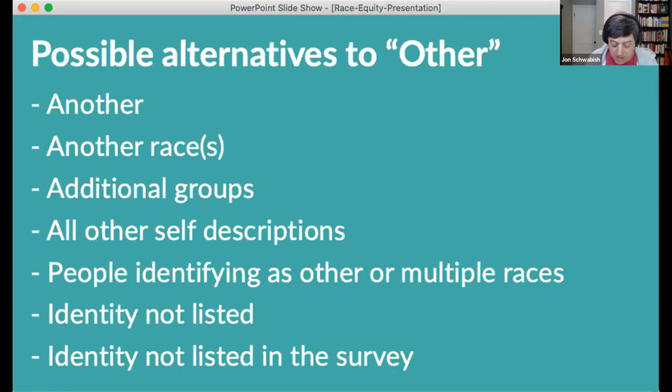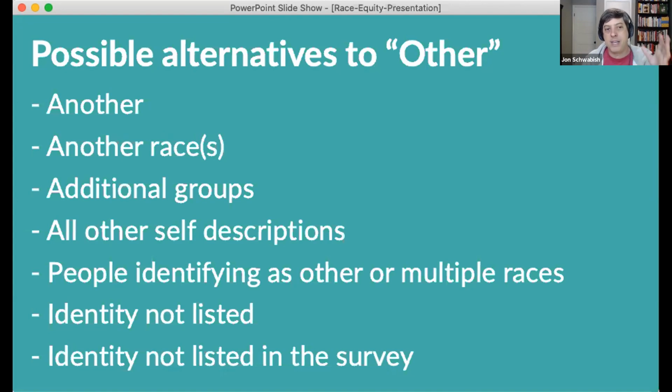So let me take a tweak on your question and make it a little more practical. If you go into the CPS file, for example, or the ACS, the American Community Survey is a better example, there are about 140 different race categories that you can use in your analysis.